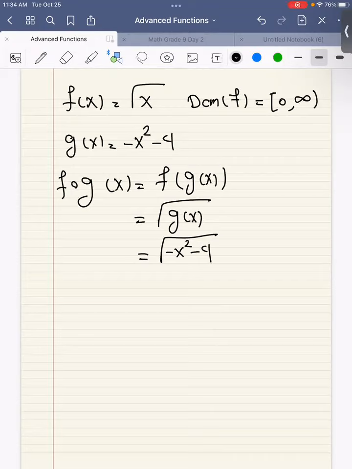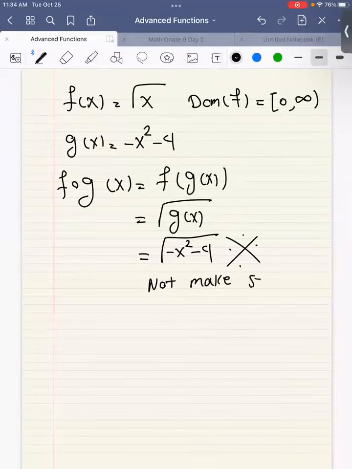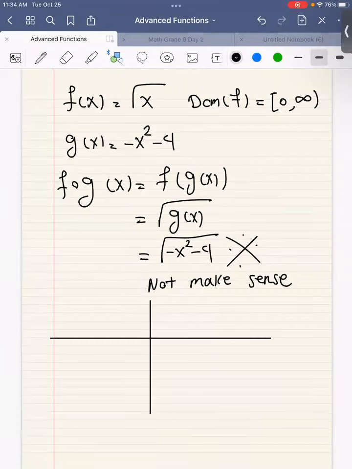So this doesn't make sense, because g of x is something like this.